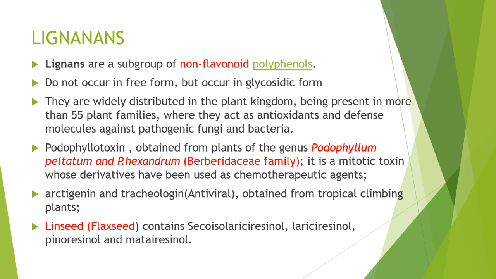They are widely distributed in the plant kingdom, being present in more than 55 plant families, where they act as antioxidants and defense molecules against pathogenic fungi and bacteria. So, podophyllotoxin is an example of lignans, and we get podophyllotoxin from plants of the genus Podophyllum, Podophyllum hexandrum, family Berberidaceae.